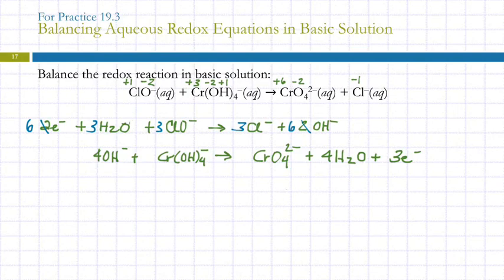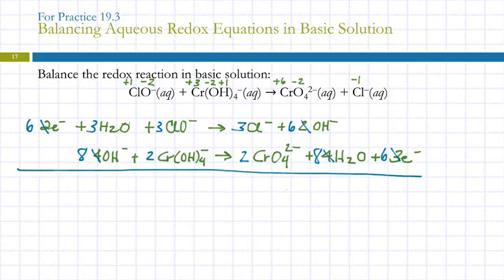The bottom one I multiply by 2. I'm going to get 8, and 2, and 2, and 8, and 6. So I've got 6 electrons and 6 electrons. The electrons cancel out. And I can start writing this down.